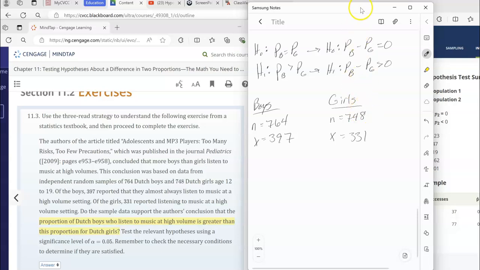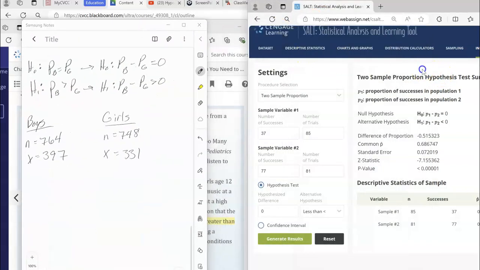So let's type everything into SALT. Two sample proportion, looking at boys first. So there's a total of 764. Our X is 397. And then for our second variable, which would be girls, we have 331 out of 748. And we are looking at a right-tailed test, so we are going to choose greater than.